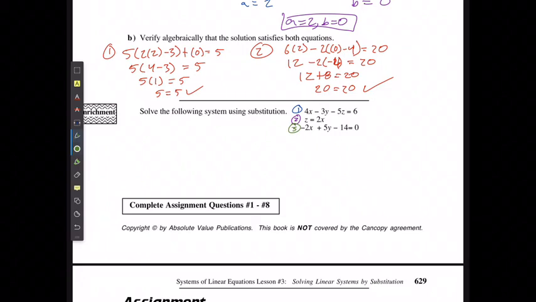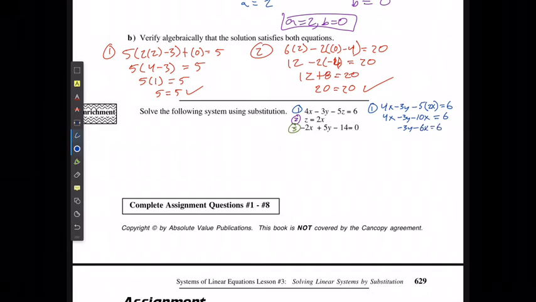And I'm going to say that for equation 1, I can state that equation 1 is actually 4x minus 3y minus 5 times 2x is equal to 6, which means I have 4x minus 3y minus 10x is equal to 6, or negative 3y minus 6x is equal to 6.